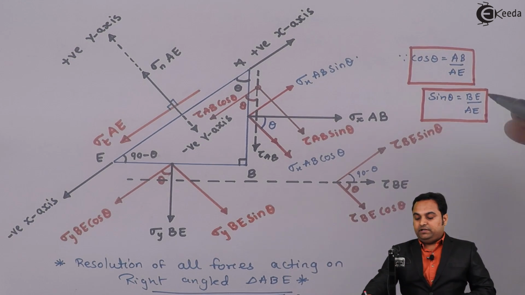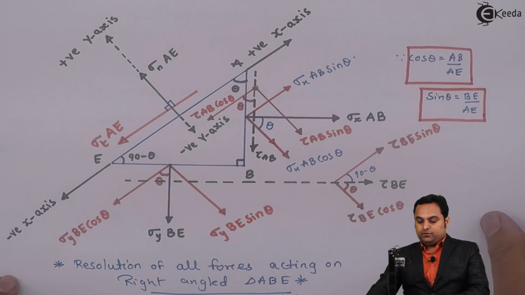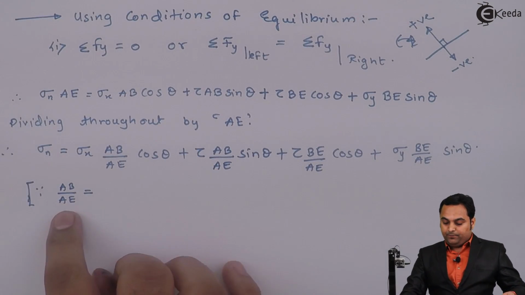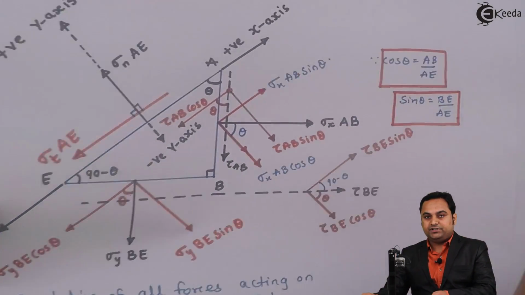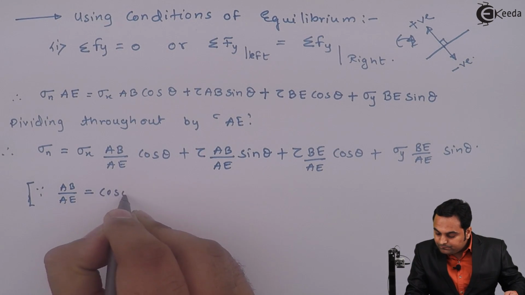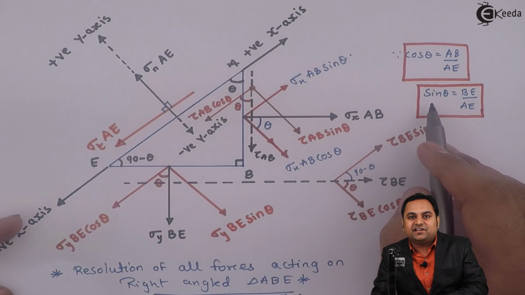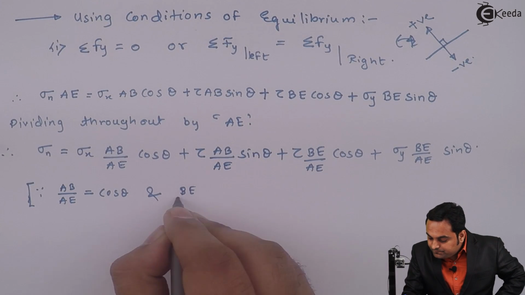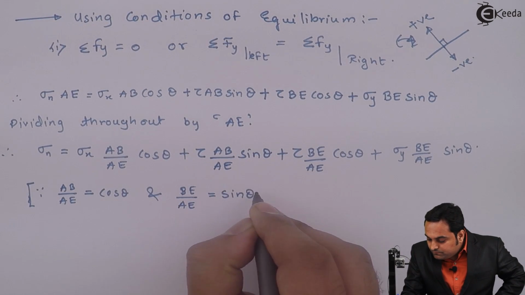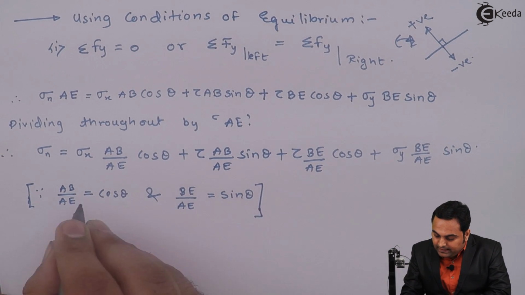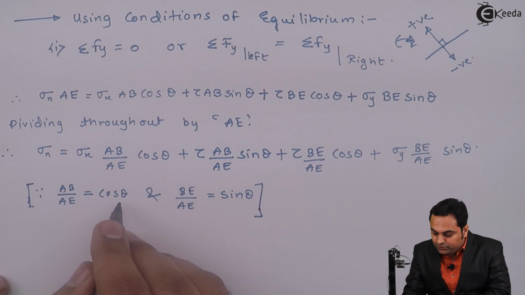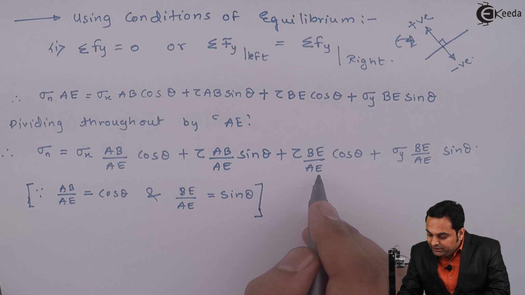So AB upon AE is equal to cos theta, and BE upon AE is sin theta. So here I'll replace AB upon AE with cos theta, and BE upon AE with sin theta.